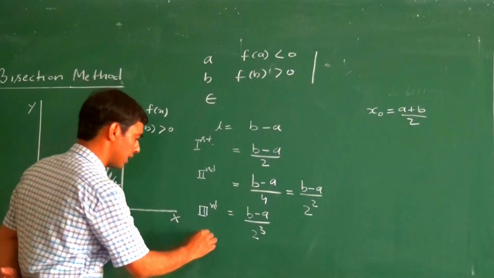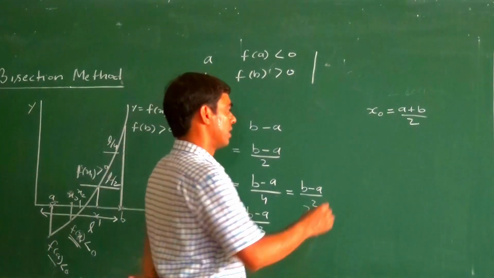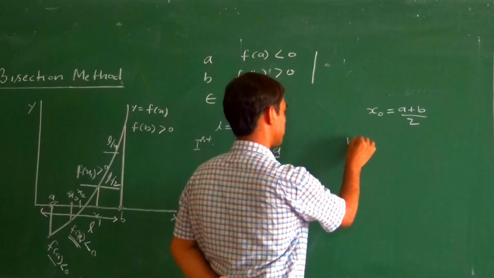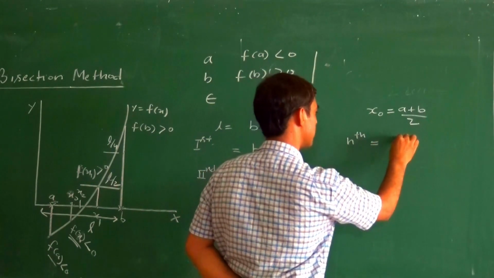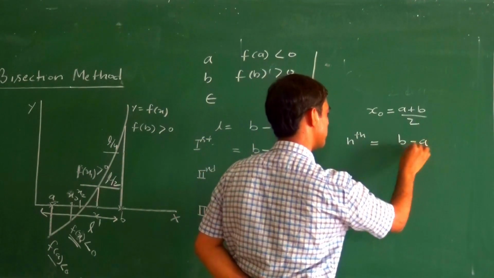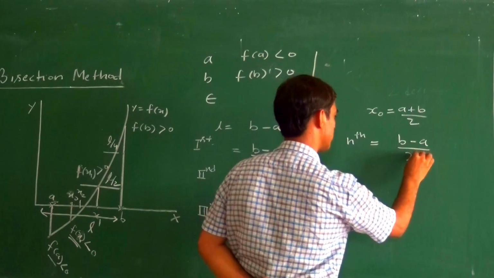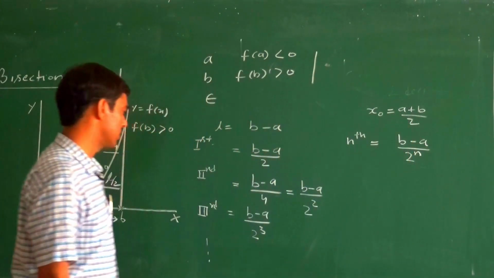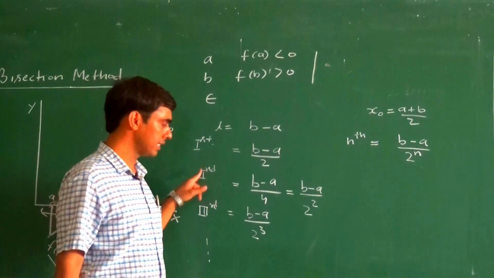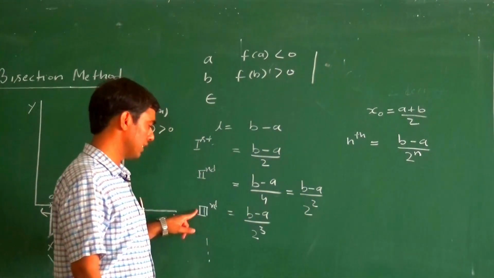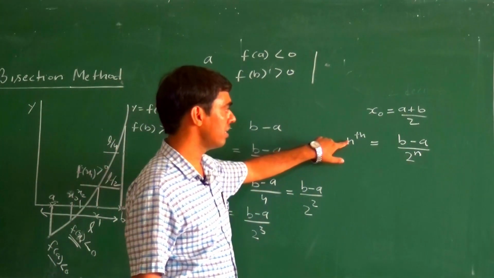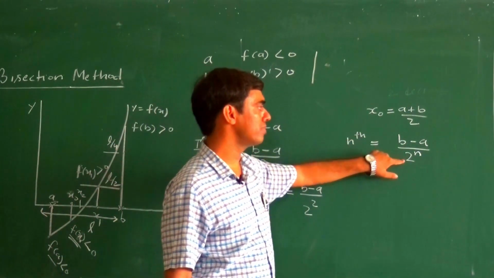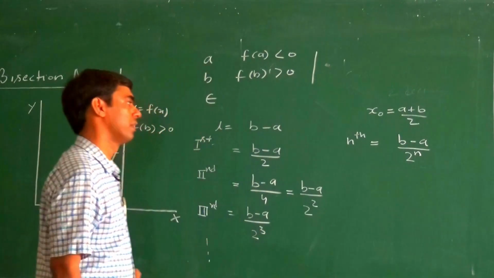In a similar manner, in the nth iteration, the length of the interval becomes (b minus a) upon 2 to the power n. Because in the second iteration it is 2 to the power 2, in the third iteration 2 to the power 3, and in the nth iteration it becomes 2 to the power n.